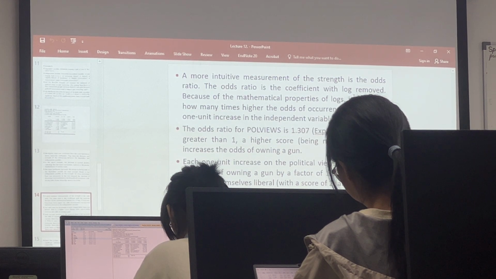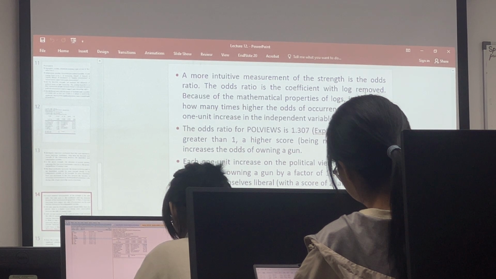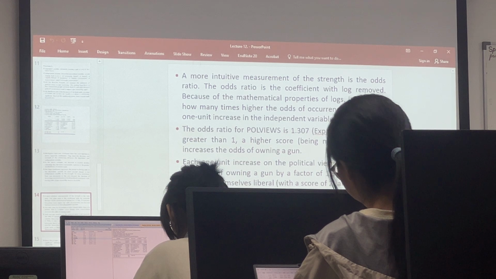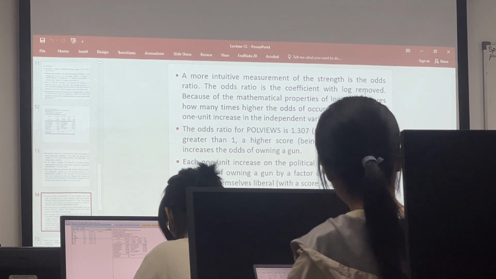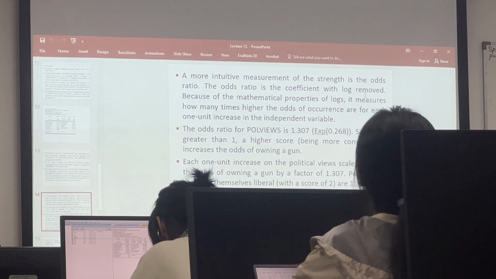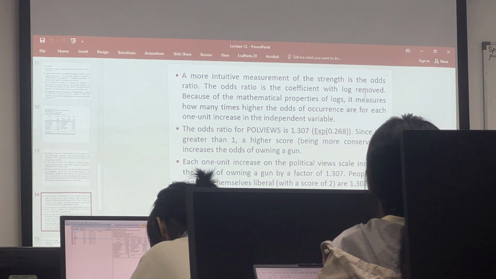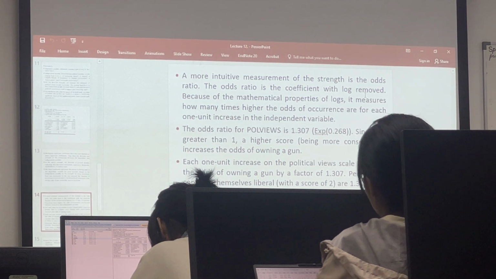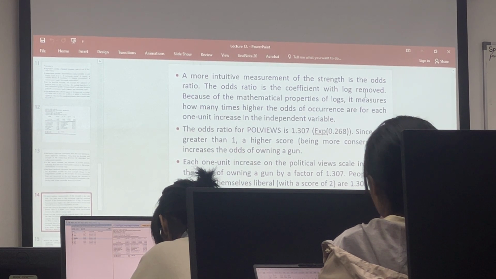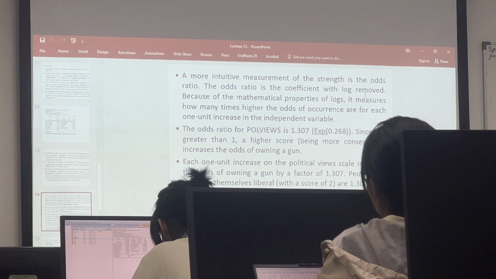A more intuitive measurement of the strength is the odds ratio. The odds ratio, as I explained earlier, is the number of occurrences over non-occurrences, number of successes over non-successes. So the odds ratio is the coefficient with the log removed, because of the mathematical properties of log.